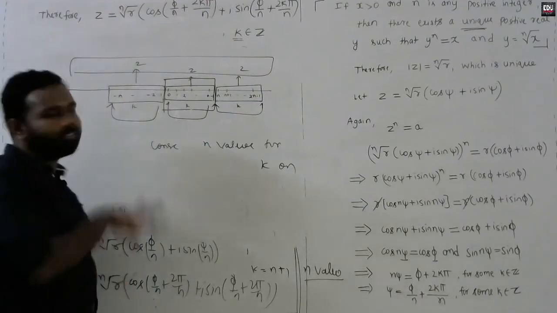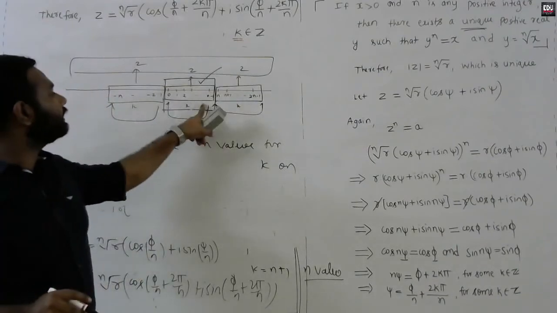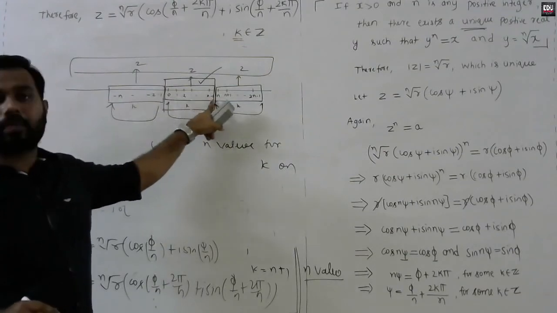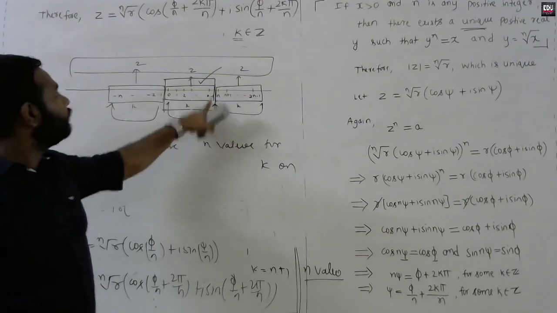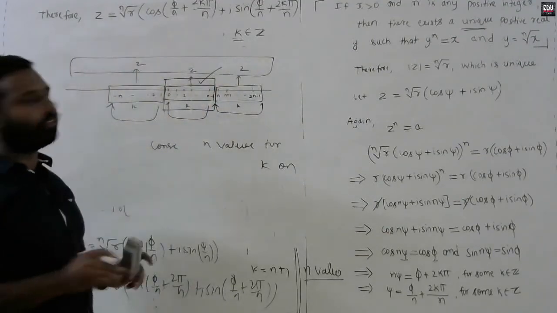For our convenience, we shall take the n consecutive values for k as 0, 1, 2, up to n minus 1. For these values of k, z will give you distinct values.